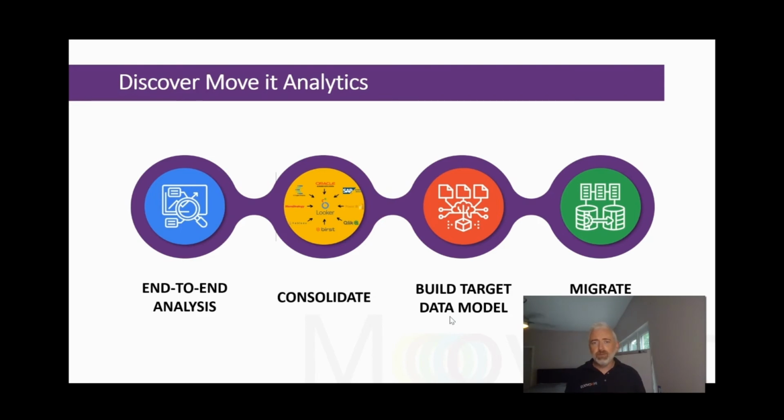Step number two, consolidation and simplification. So Gartner say that on average, a Fortune 500 company has a minimum of 4 BI tools in their BI environment at any one time. I actually think this is kind of low. Most of the time, companies that we talk with don't consider certain things to be part of their BI stack that actually are.